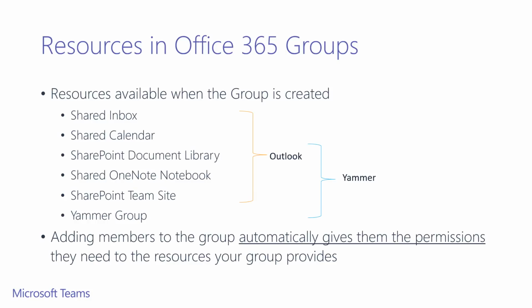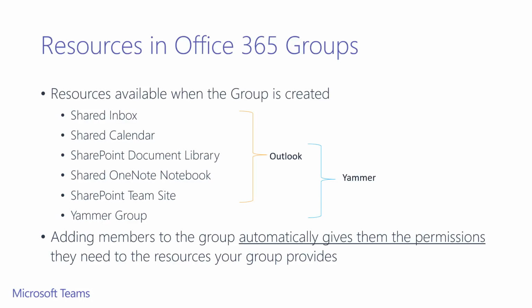When an Office 365 group is created, a set of resources will become available by default. Now, it's important to realize that depending on the application that's being used, that will determine the set of resources that become available when the group is created. For example, if I were to utilize Outlook to create a new modern group, I would get access to a set of resources that include the shared inbox, calendar, a SharePoint document library, a OneNote notebook, as well as a SharePoint team site.